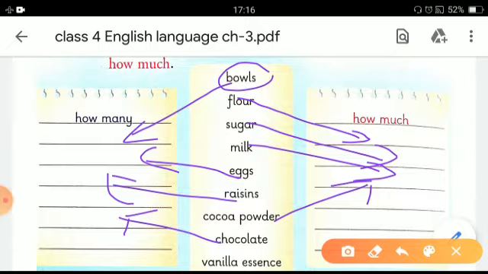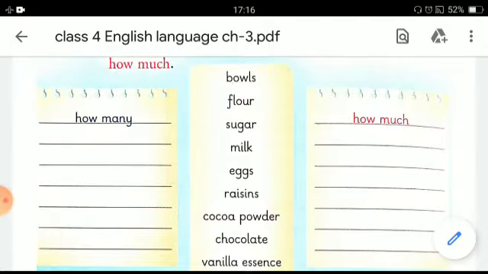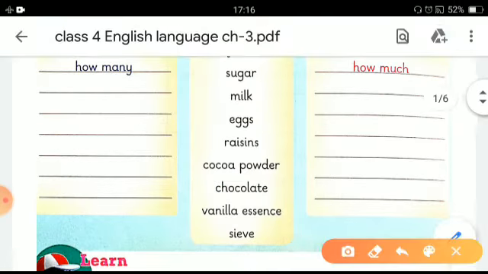And vanilla essence, uncountable. And the last one, sieve, countable. So in this way, by asking the question how many and how much, we have separated the list of items.